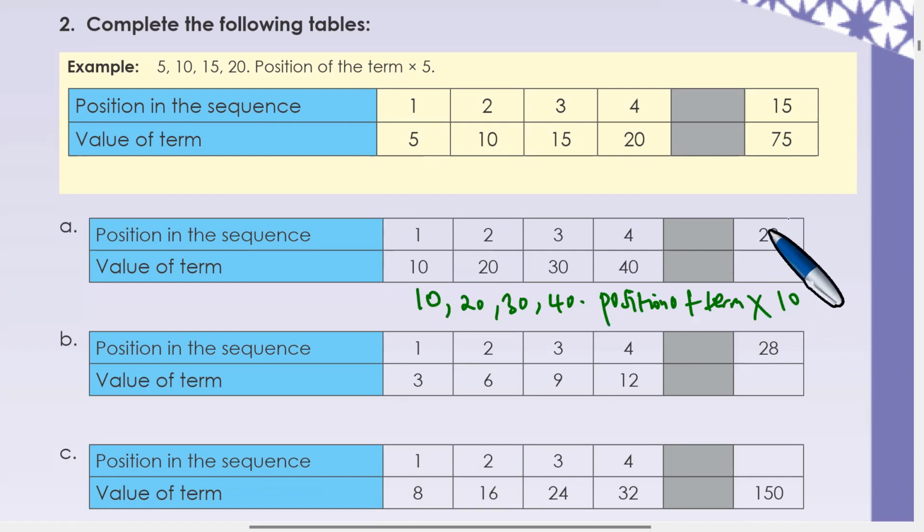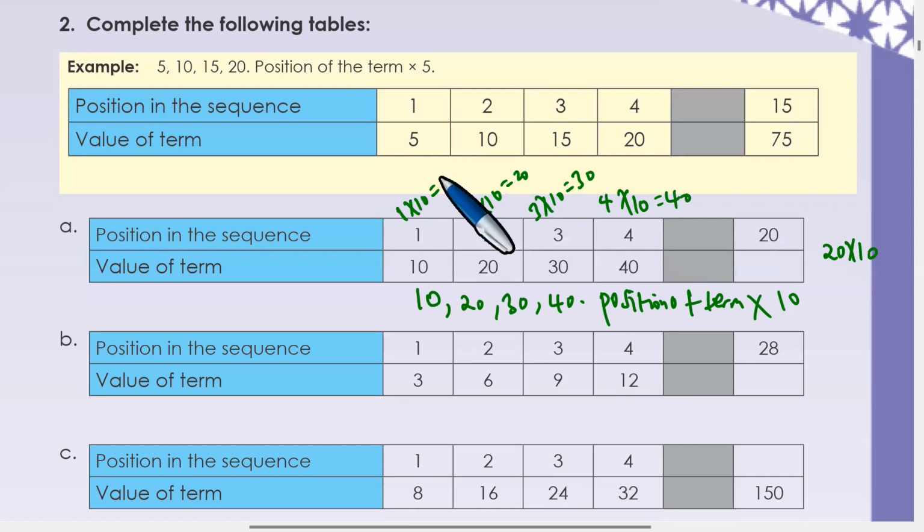The position of the term is 20, so it's 20 times 10, like here, position of the term times 10, which is 40, 30, 20, 10. What is 20 times 10? 200. Yes, 200.